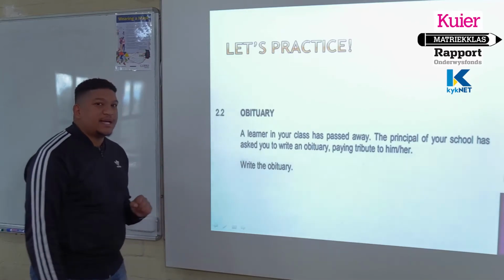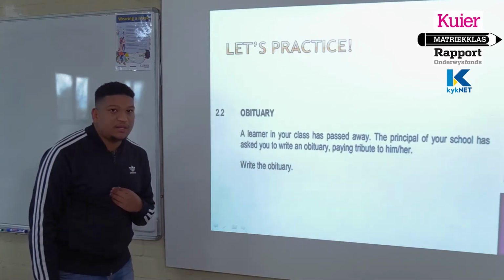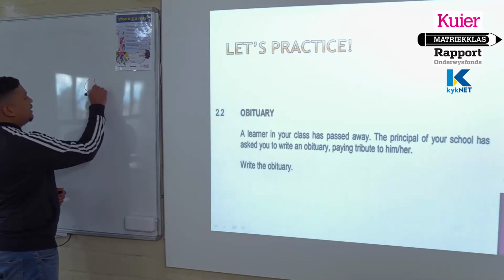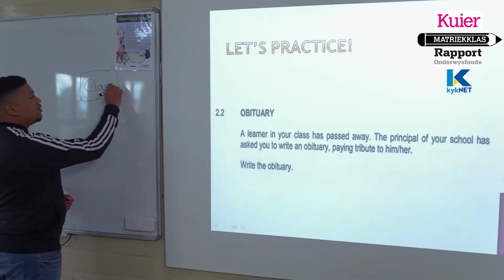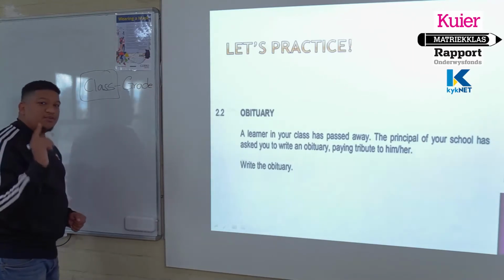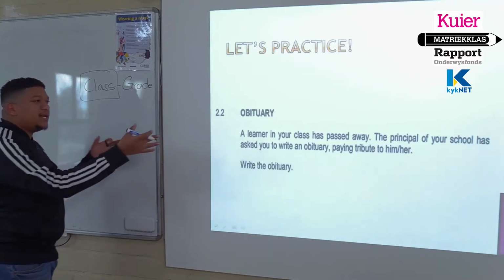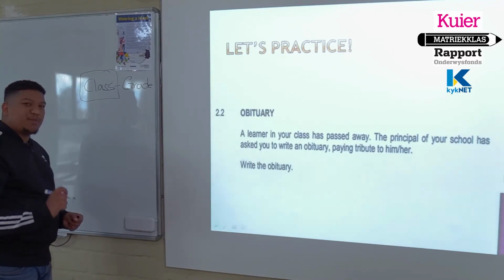So when I practice, I note that the learner was in my class. It's a fellow classmate. So what am I going to look at planning? It was a classmate, right? This person was in my class. So I'm going to focus on my grade. I'm going to mention that this person was in this particular grade. That is what I derive from it. It only says in your class has passed away.